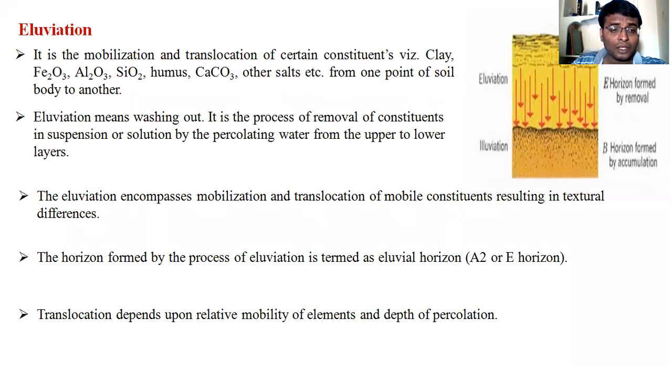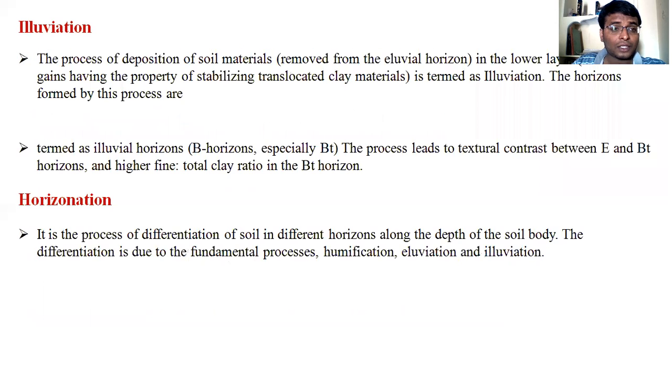So the horizon formed by the process of eluviation is termed the eluvial horizon, denoted by A2 or E horizon. Translocation of the components depends upon the relative mobility of the element and depth of percolation.